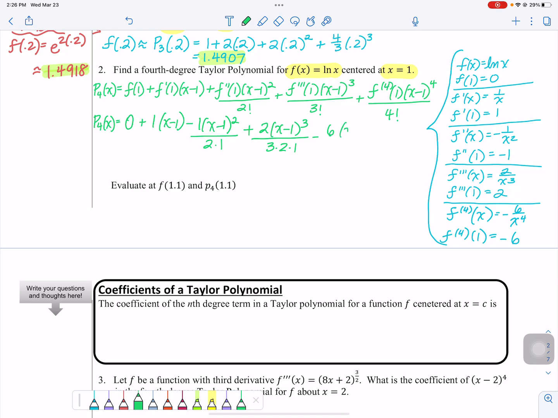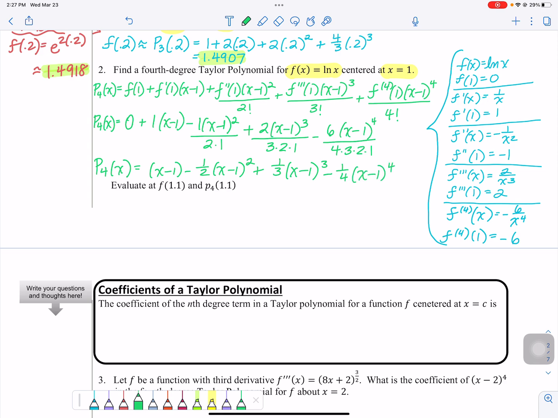And then we have minus 6 times x minus 1 to the fourth power over 4 factorial. And you can see here that this works out to be x minus 1 minus 1/2 times x minus 1 squared plus 1/3 x minus 1 cubed minus 1/4 x minus 1 to the 4th. And this is our 4th degree Taylor polynomial.